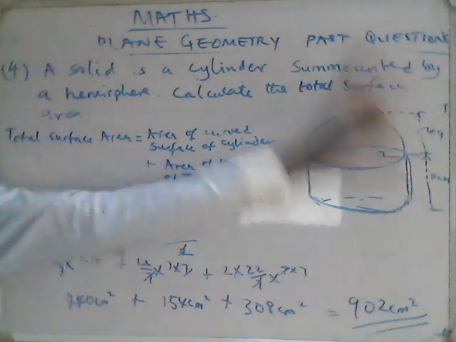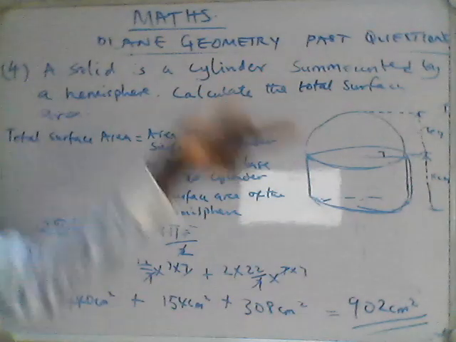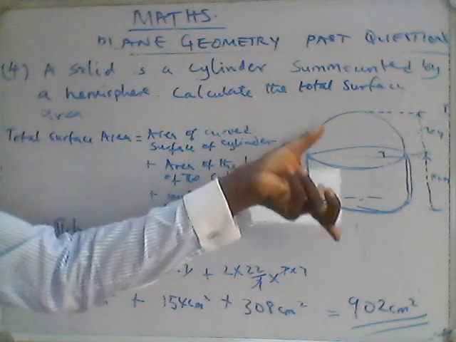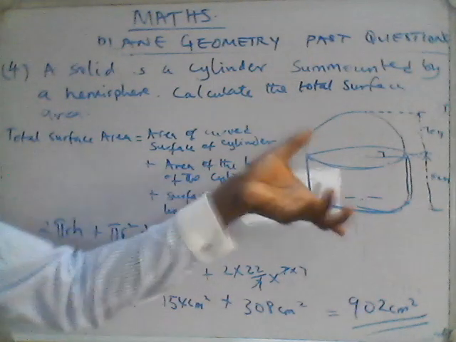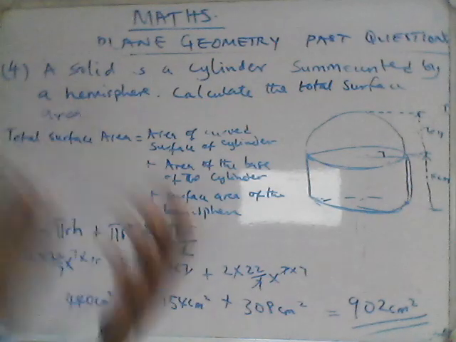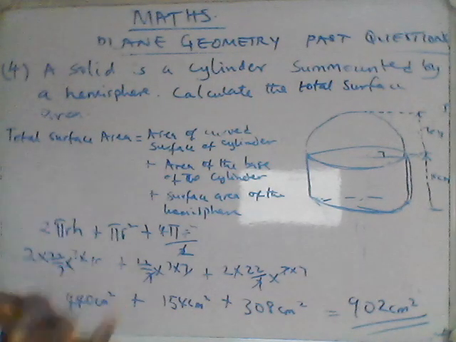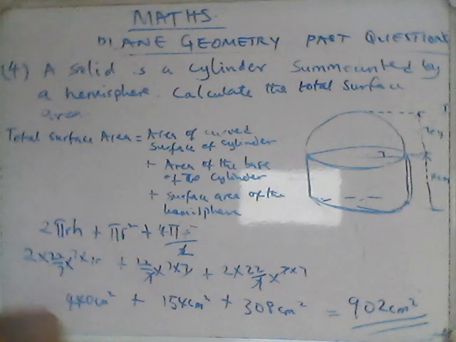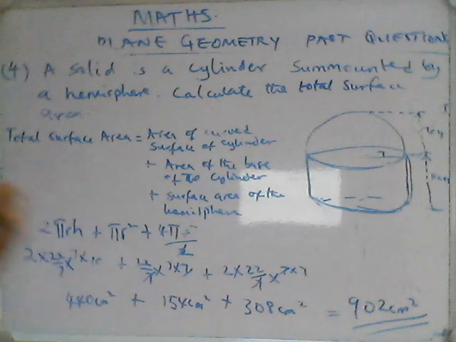So in recap, just take a deep breath first, look at the shape. How many regular shapes that have formulas can you recognize from here? You have to go back to the basics and know the formulas: area of a sphere, area of a cylinder, curved surface area, area of a circle, because these are the basic things.